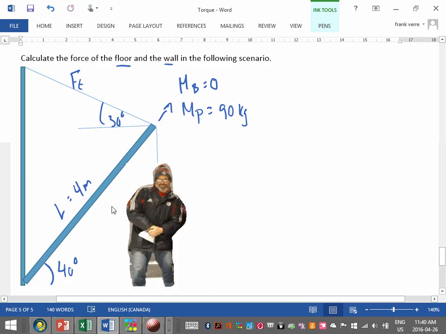So one quick question. The floor would be here at this point. Which way do you think the floor would push? Up, right? So the floor would push up. So there's my force of, don't be confused, it looks like force of friction, but in this case it's the force of the floor, okay? Which way would the wall push?